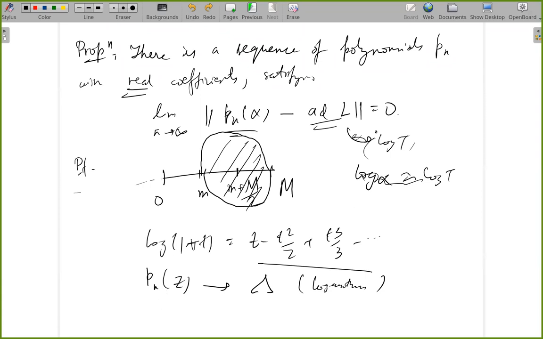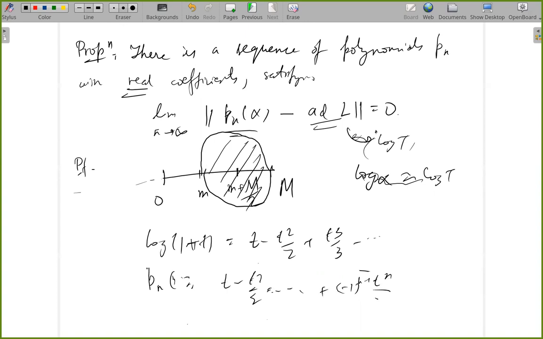What I have done is chosen Pn to be, let's say, t minus t squared over 2 and all the way up to minus 1 to the n minus 1 over n. So this is the polynomial I've chosen, Pn.